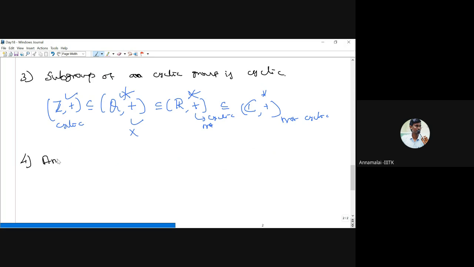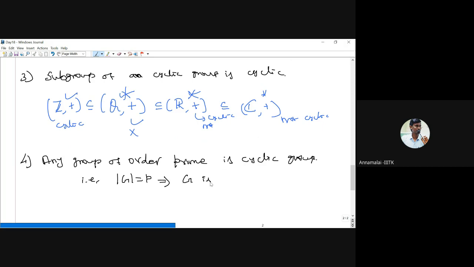Any group of order prime is a cyclic group. So that is what I am saying. Suppose we have a group G, the order of the group is some prime number, either 2 or 3 or any prime number, implies that G should be a cyclic group.